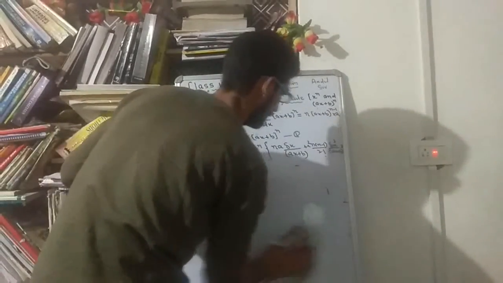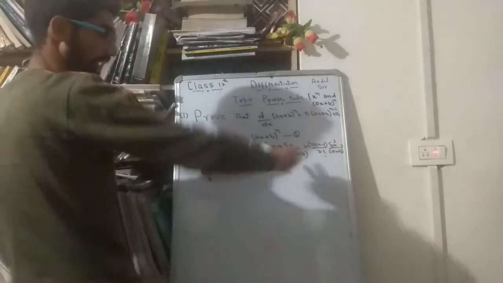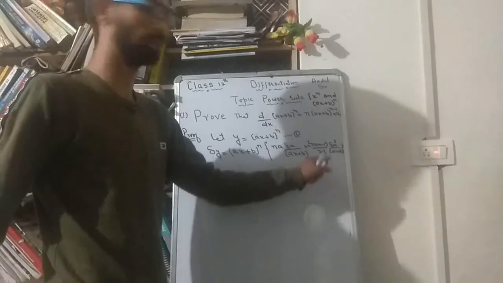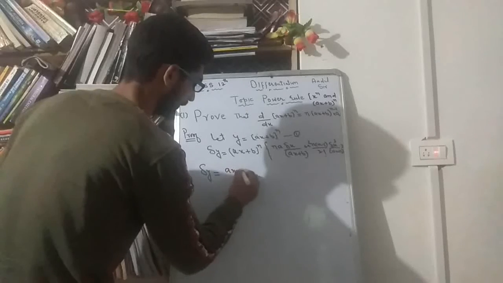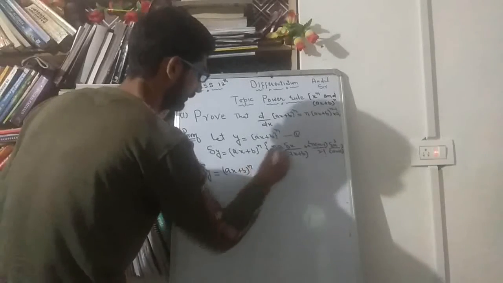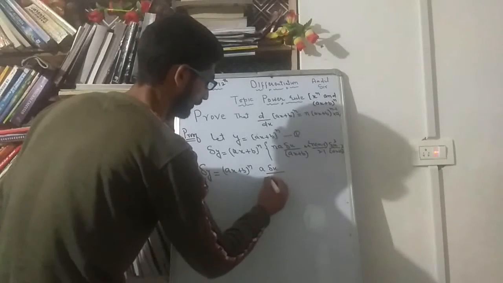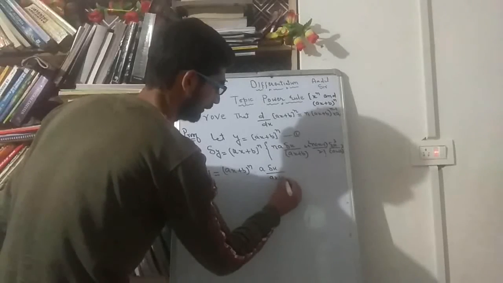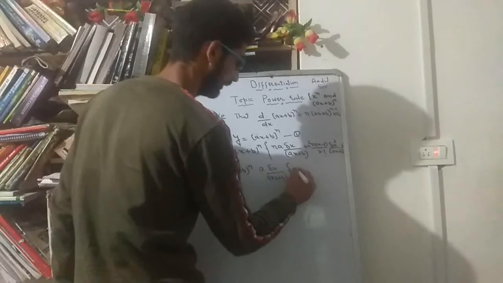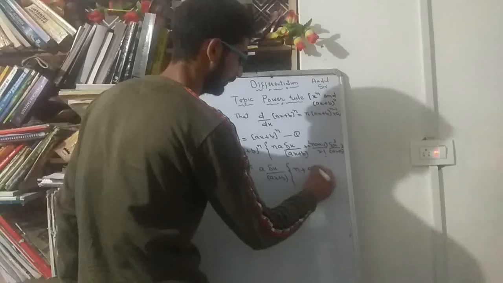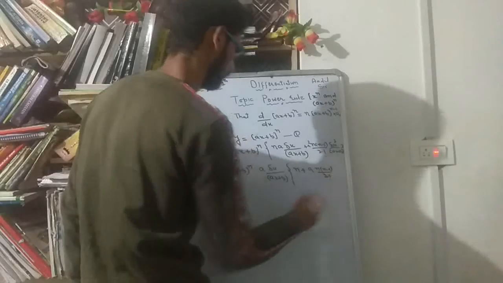So now, just as we have done in the previous result, you can make this del x divided by this thing as common, because it is everywhere. So you make this common, it will become (ax plus b) raised to the power n, then this is now a, del x divided by ax plus b, and inside will be n plus a, n into n minus 1 divided by 2 factorial.